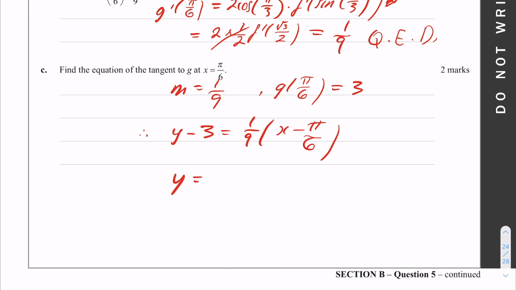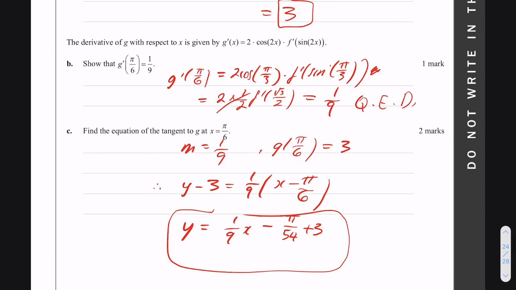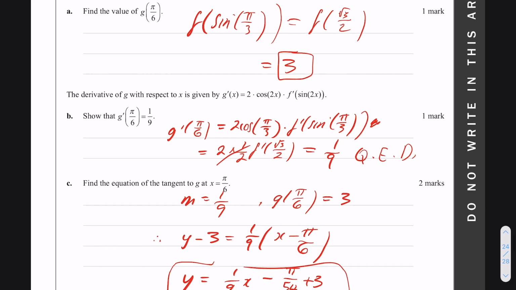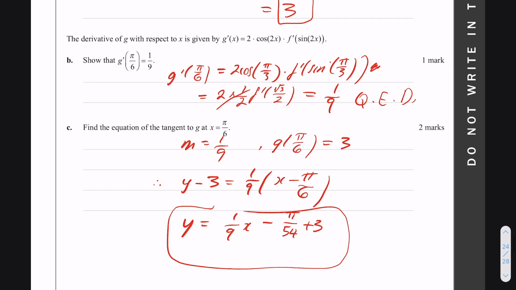So y is 1/9 x minus pi over 54 plus 3. Is that right? Yeah. The tangent to g, so g of pi over 6 is 3. Yeah, that looks about right.